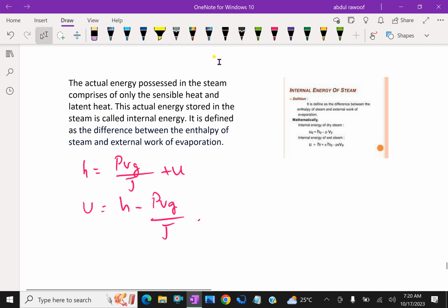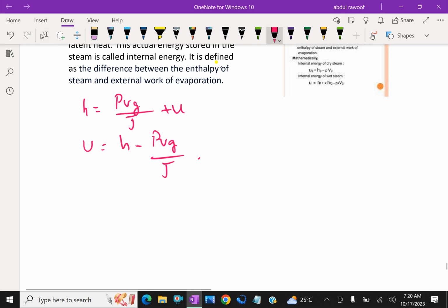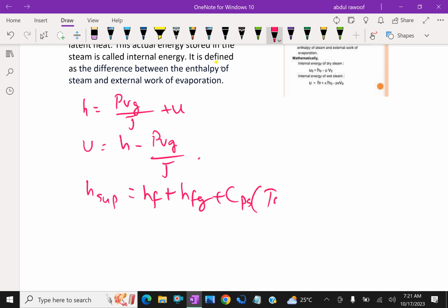And if steam is superheated, V superheat per kg is given. Therefore, H super is equal to hf plus hfg plus Cp, the specific heat at constant pressure, times (T super minus Ts).